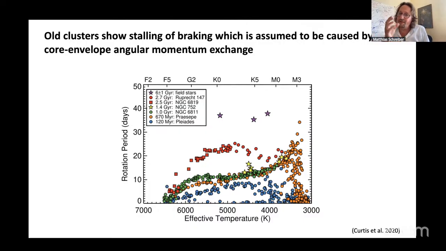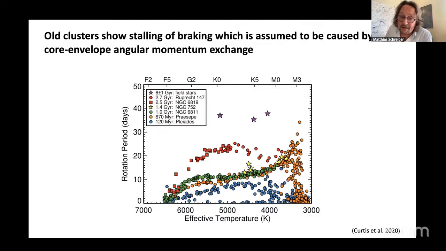So if the core rotates faster, it always injects a little bit of angular momentum into the slower envelope due to friction. And at some point, this injection of angular momentum into the envelope can compensate the magnetic braking that the envelope is experiencing.